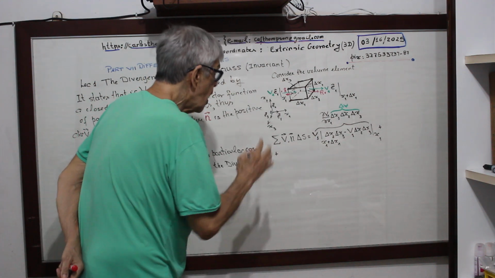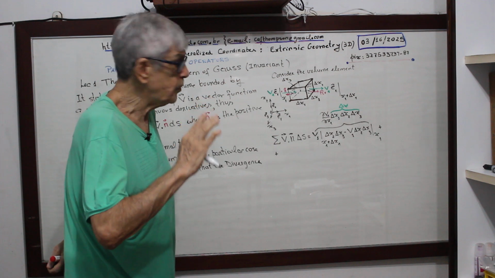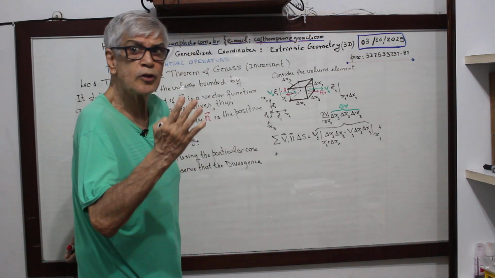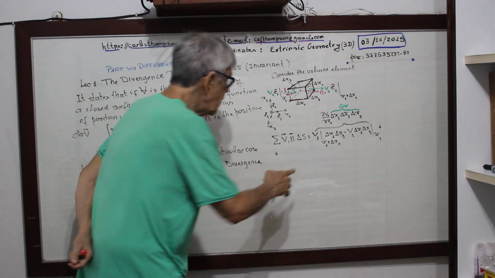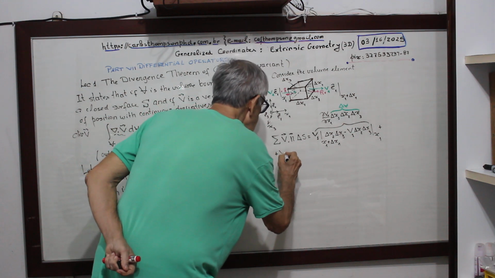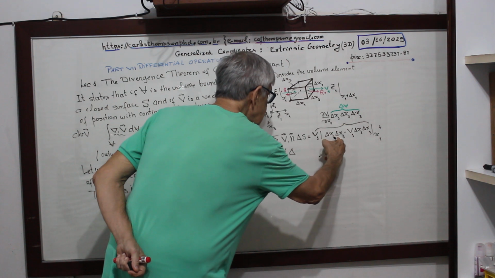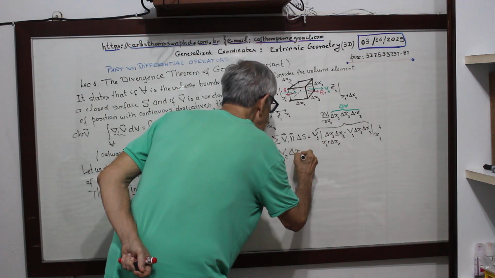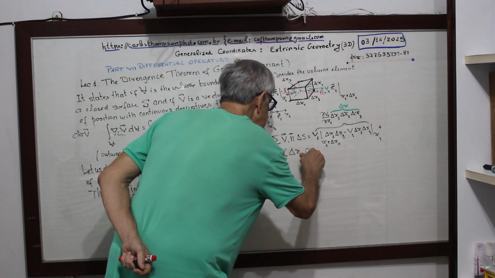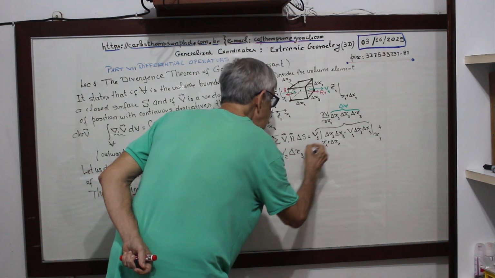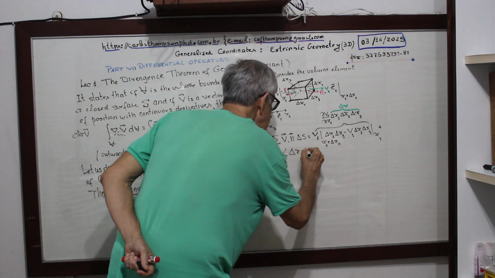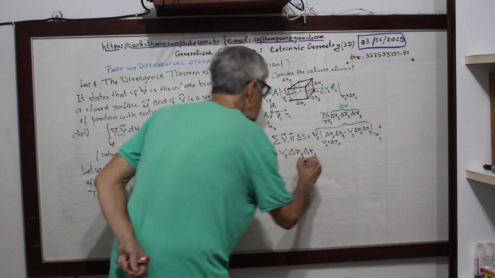Times the area. Now, you see, I will make a permutation. After 1 is 2, after 2 is 3, after 3 is 1.